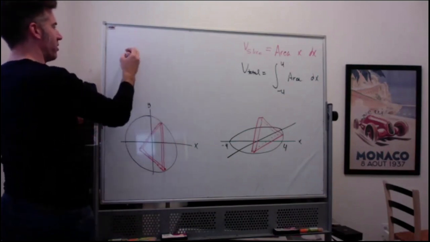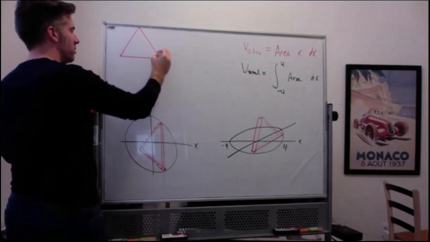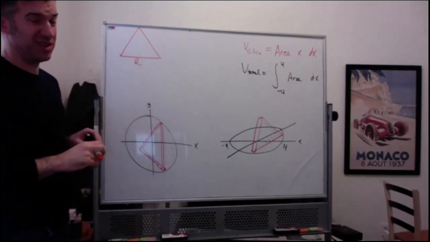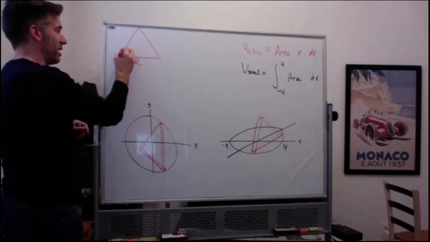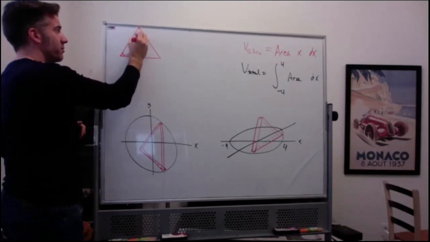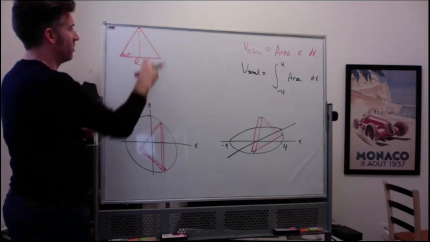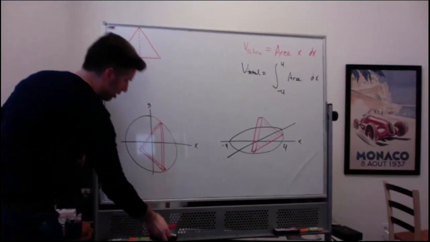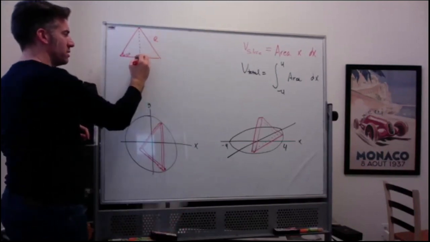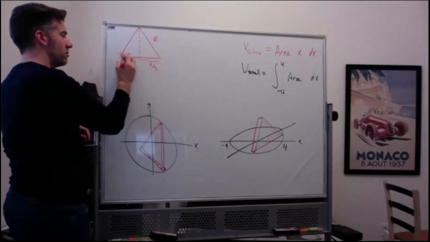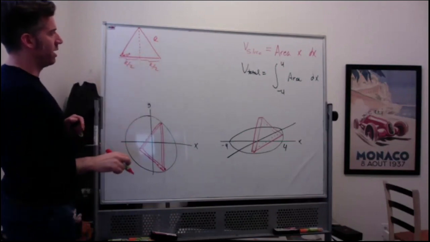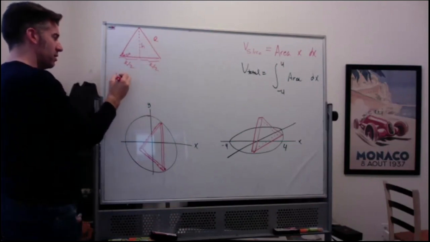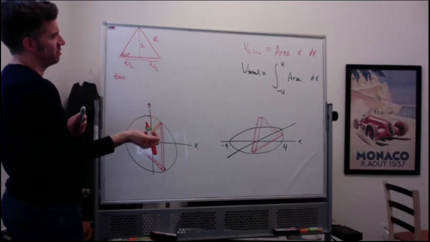Let's find the area of an equilateral triangle. So here's an equilateral triangle, and let's call the bottom side L. The easiest way to do this really is to use some trig, right? Because all the angles are 60 degrees. If this is L, then each of these is half of L. Let's use sine.